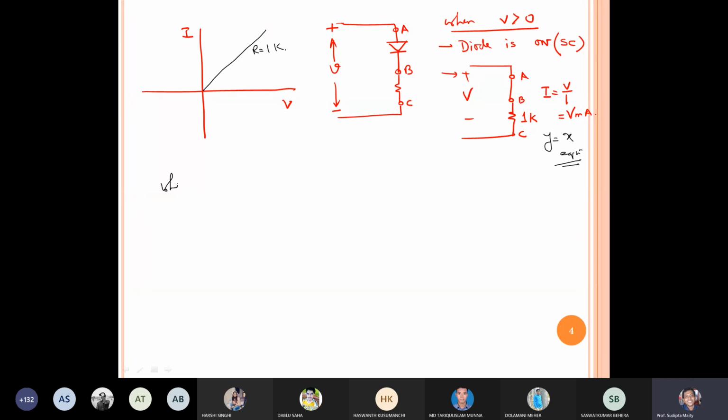Now, when V is less than 0, then what will happen? The diode is off, so it is an open circuit.